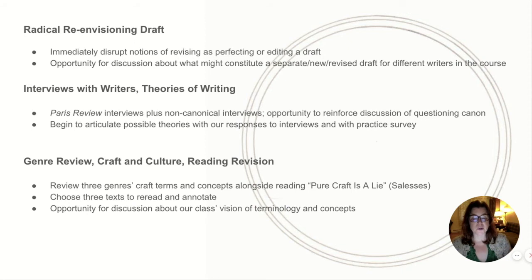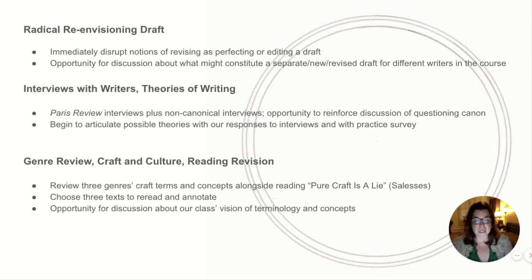Next, we review terminology and concepts from the genres, alongside reading and discussing Matthew Salesses's Pure Craft is a Lie, which argues that all craft is culturally inflected. As Salesses asks, but why should a writer have to know the rules first? Whose rules are they? Why are those the rules they have to learn?